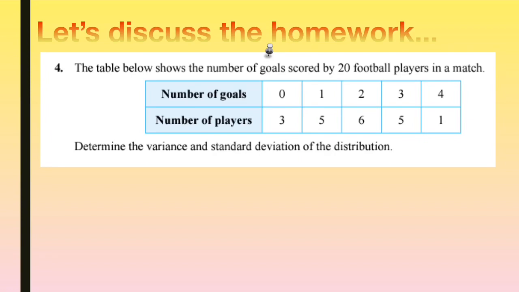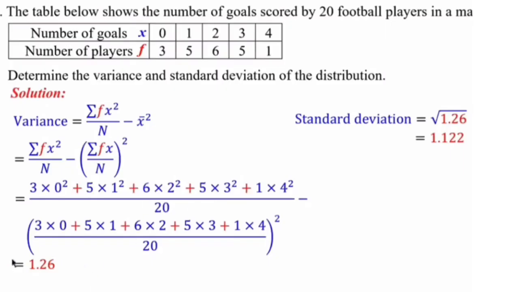For this question, number 4, you are given a table with a frequency, number of players. So I will show you how to find the variance and standard deviation of the distribution above. The table below shows the number of goals scored by 20 football players.